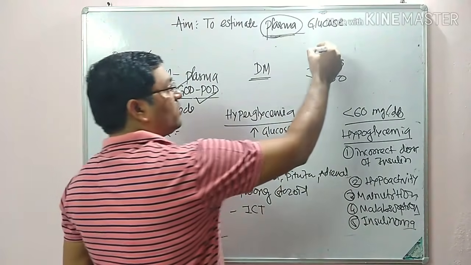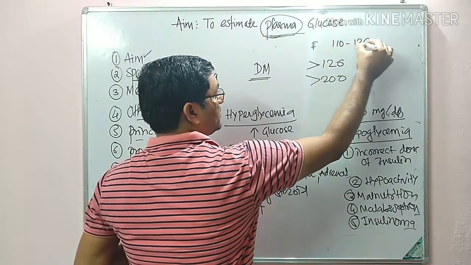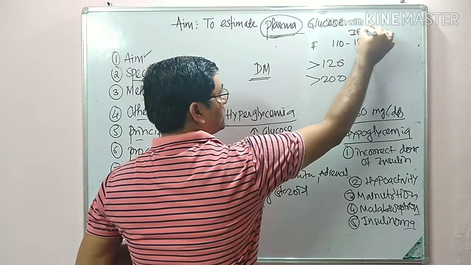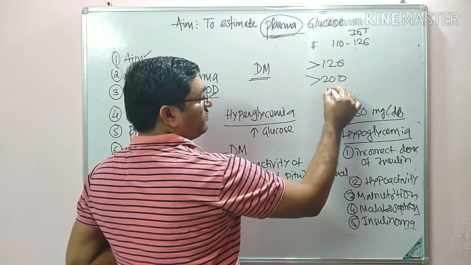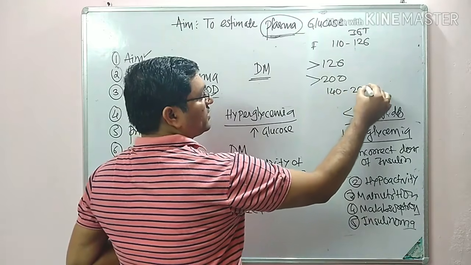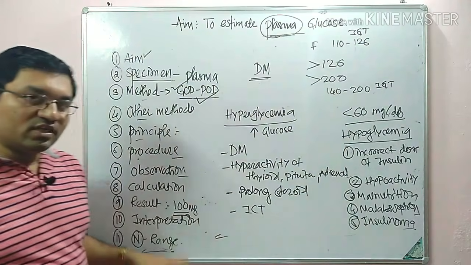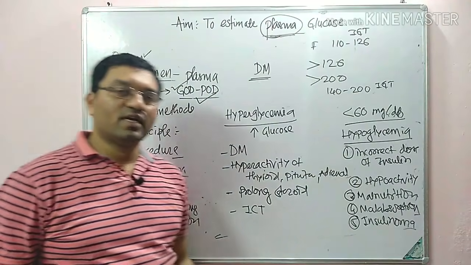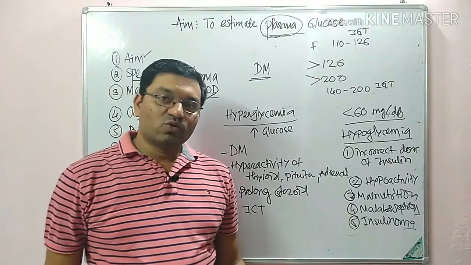The fasting value in between 110 to 126 is impaired glucose tolerance. And post meal value in between 140 to 200 is known as impaired glucose tolerance. Renal threshold for glucose is 180 milligram per deciliter. This is all about the plasma glucose estimation.